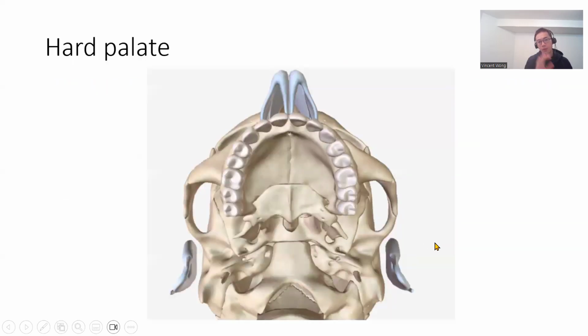Okay, this is looking at the mouth from below. This whole thing, not including the teeth, if you remove the teeth, this whole bone is the maxilla.